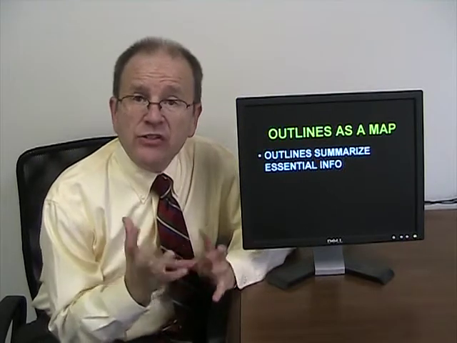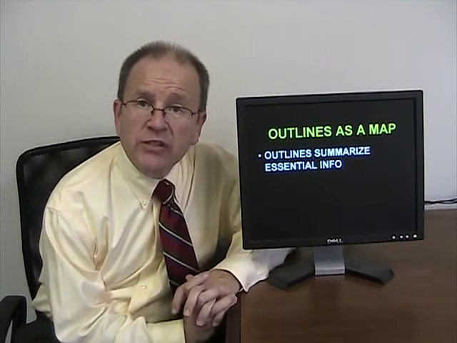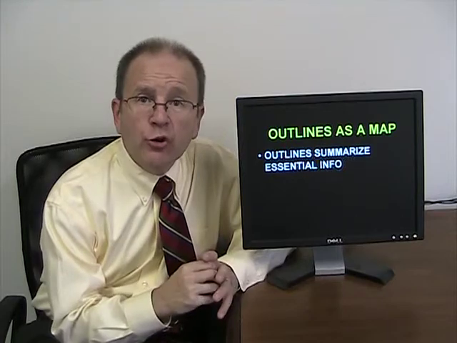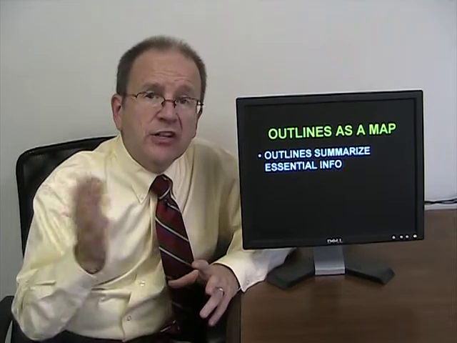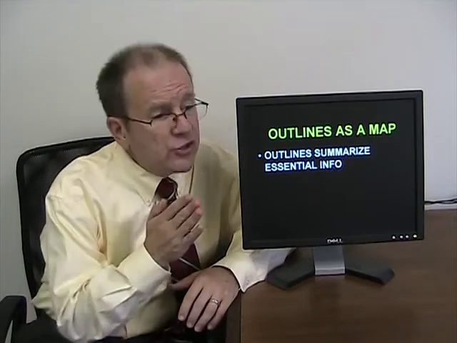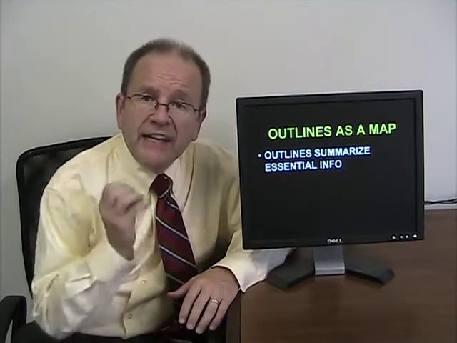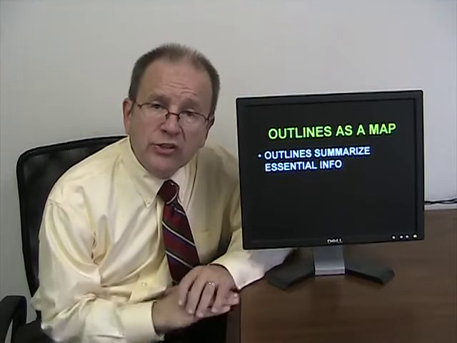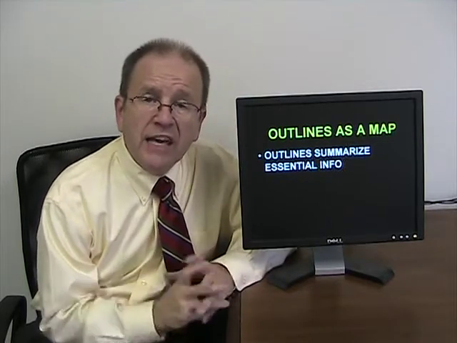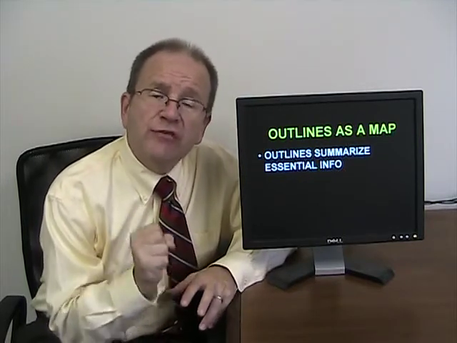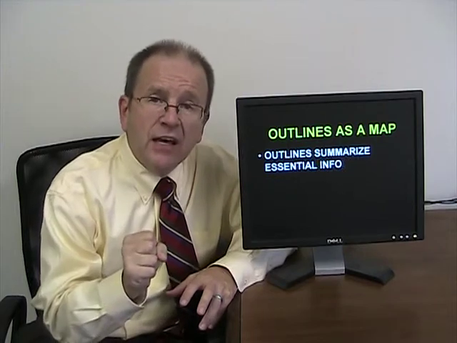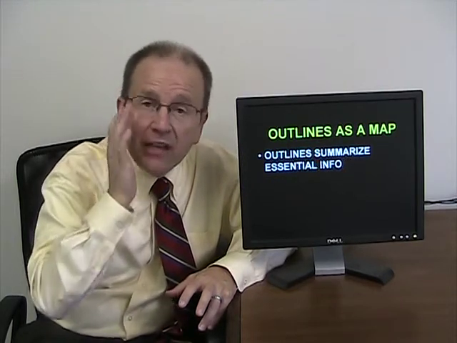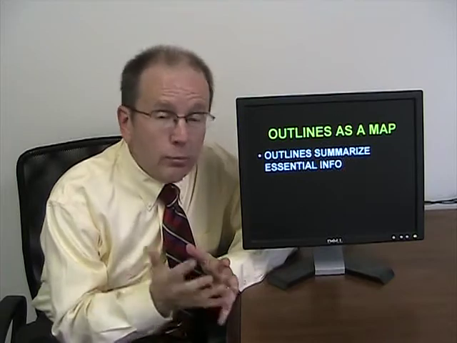Maps and outlines summarize essential information. Okay? A map doesn't show you every single house and the names of all the people and stuff like that. It shows you a road, and it gives you information about that road, and you can see where it connects to other roads. That's what an outline does. It summarizes the essential information that you need about a particular subject that you are studying or practicing.